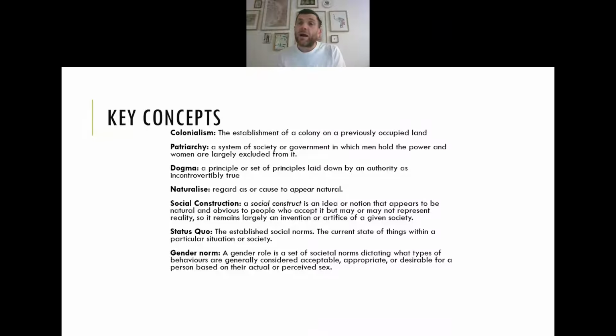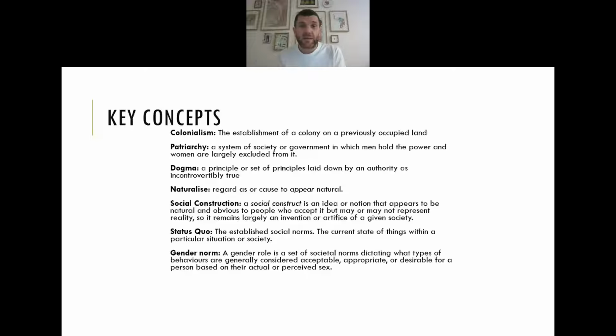Obviously, those social constructions exist within culture in different ways, and connections to gender, to sexuality, to all facets of identity can be seen as being obvious to certain people and certain cultures, but not to others. This relates to the idea of the status quo.